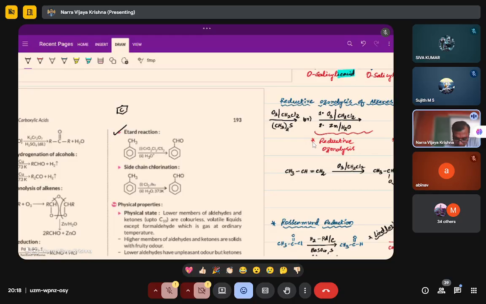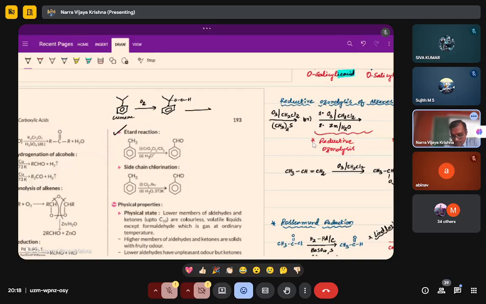Instead of that, if I take isopropyl benzene, we also call it cumene, correct? If it is oxidized, then what will you get? Hock rearrangement, or peroxy rearrangement.